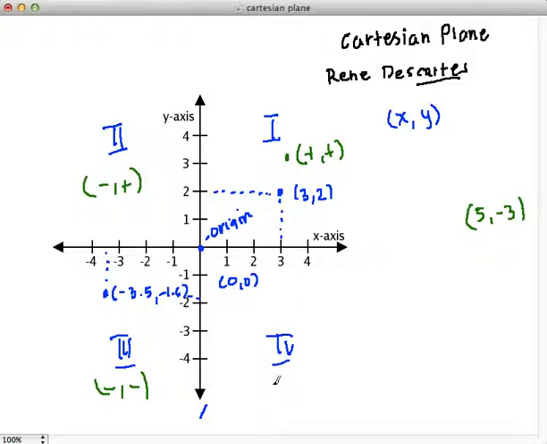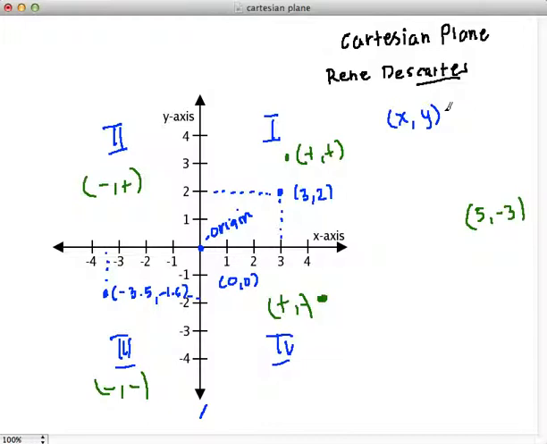And lastly, pag nasa quadrant 4, katulad nitong (5, negative 3), we have the positive x, and then yung y ay negative. So, hindi nyo naman kailangan i-memorize yan dahil intuitively makikita nyo naman kung saan yung point at malalaman nyo yung kanyang coordinates if you look at the x and y coordinates.